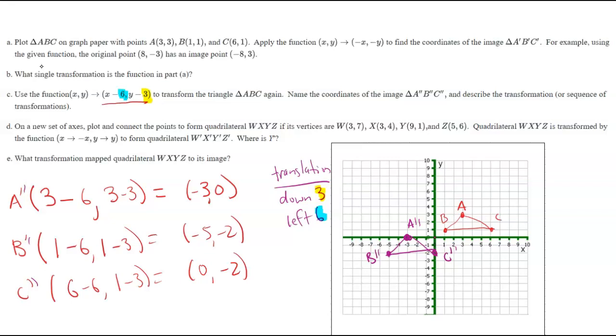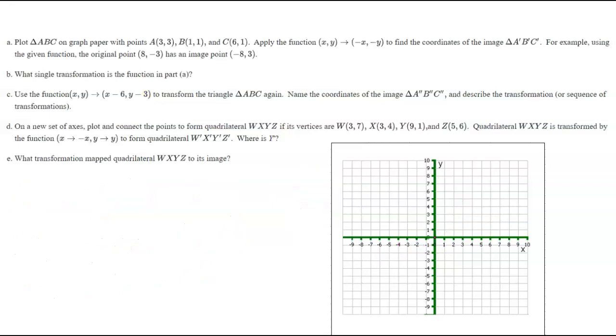All right, let's try one more. So let's try D. So D is a completely new graph. So it says on a new set of axes, plot and connect these points together. Okay, so here's our original. This is a quadrilateral, so notice that the triangle has gone away. So 3, 7 is up here.